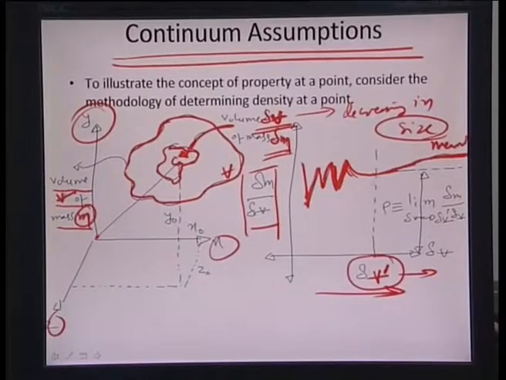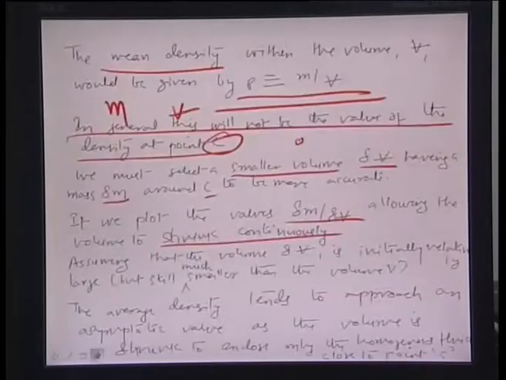Really, the continuum assumption is valid beyond this delta v cross dash value, beyond which, as delta v approaches a limit, rho essentially becomes delta m by delta v cross as a continuum property. But below v cross dash, rho is really a function of time, it keeps on varying. So that is what continuum essentially means in the real physical sense.